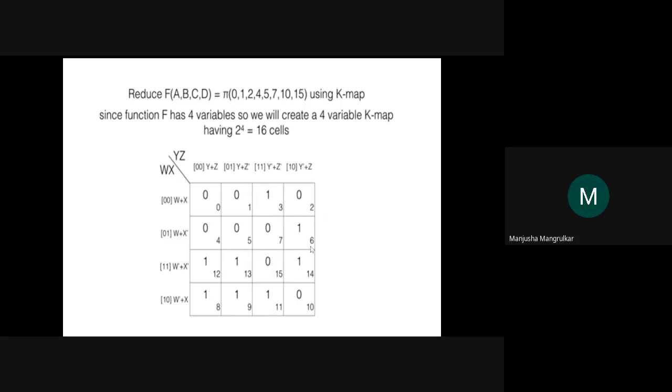After 6 and 7, 8 starts here, 9, 10, 11 and 12, 13, 14, 15. Because this is 1 1, this is 1 1, so for all the 15 cells the terms are 1 1, right? So you have to number all the cells.